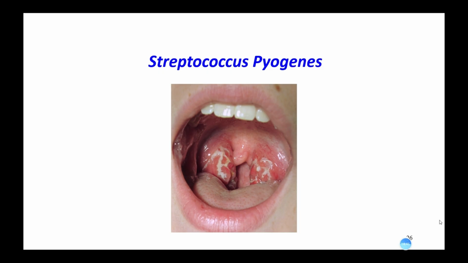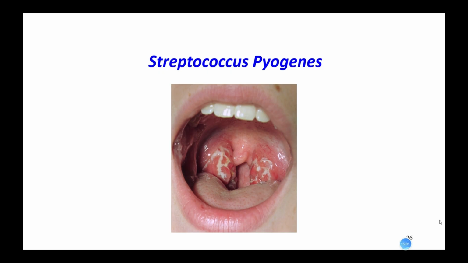Okay, the first pathogen we want to introduce is Streptococcus pyogenes. This is the typical infection in the throat. It causes throat infection.